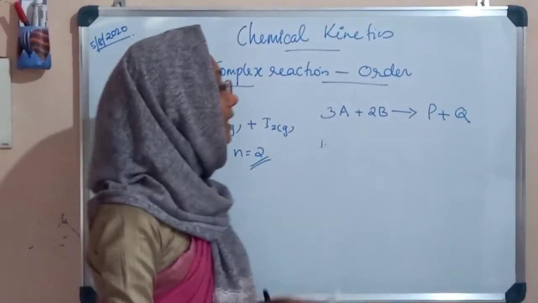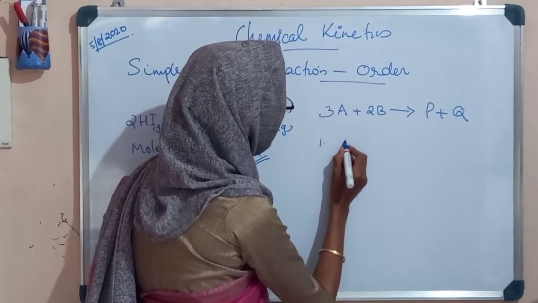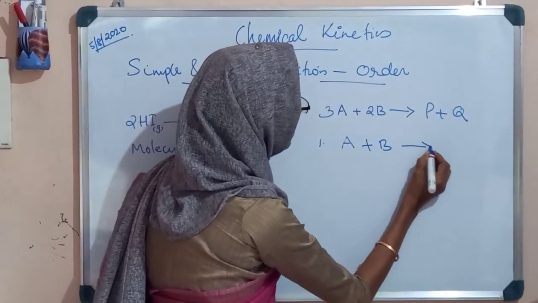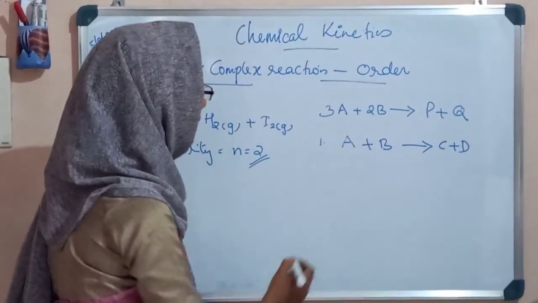If the reaction involves 4 steps, such as first A plus B react together to form C plus D, 2 intermediates.